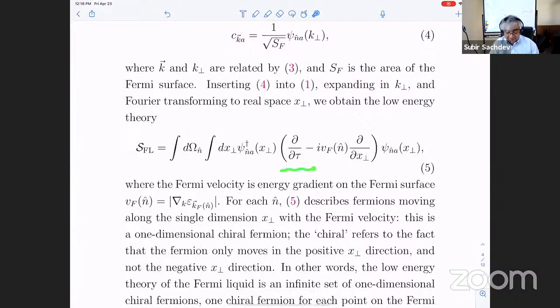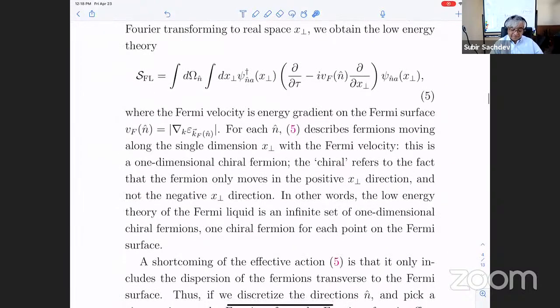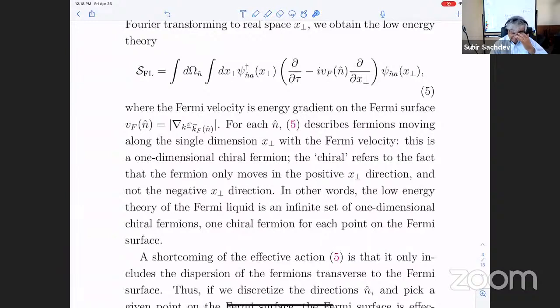So this is half of a Dirac fermion, sometimes called a Weyl fermion. It's just a fermion that moves along the n hat direction. So that's the low energy theory of a Fermi liquid, plus the interactions associated with the Landau parameters and so on.